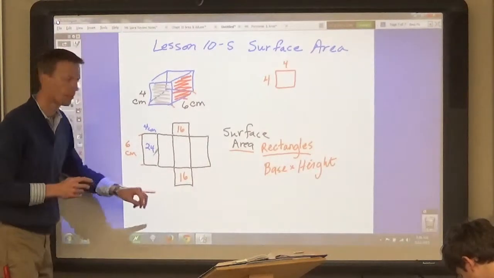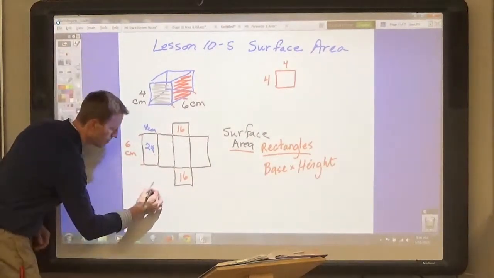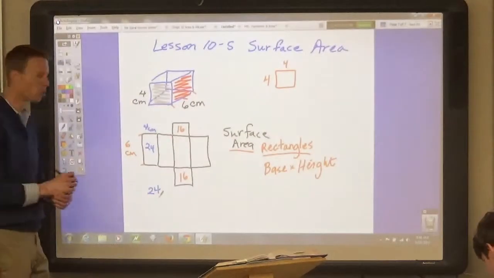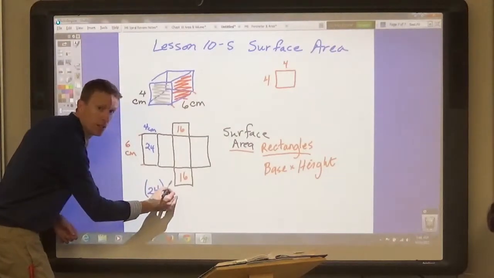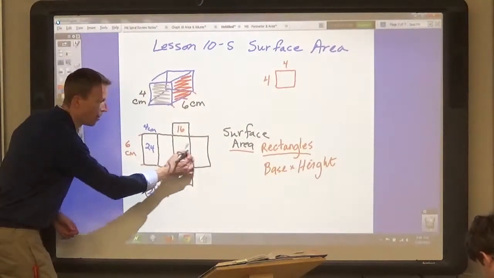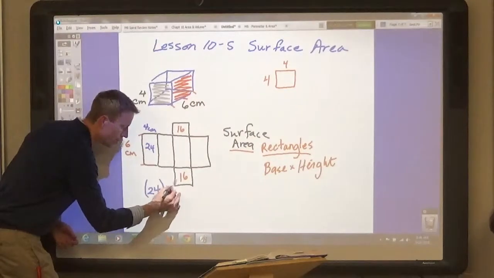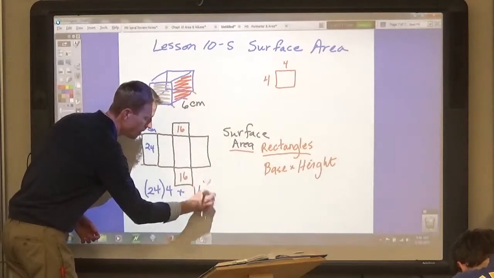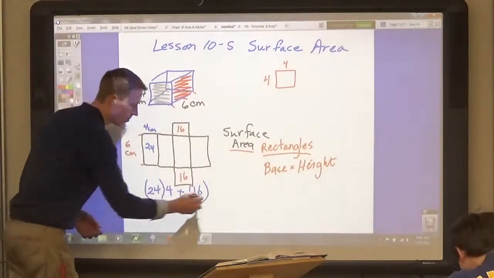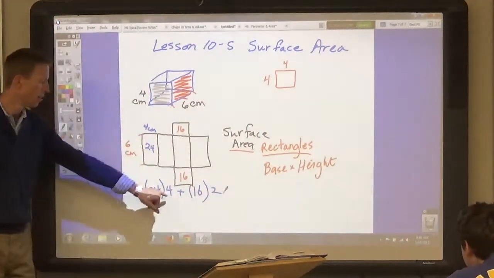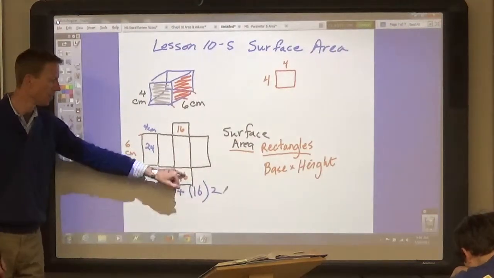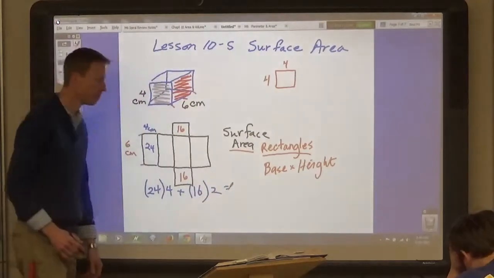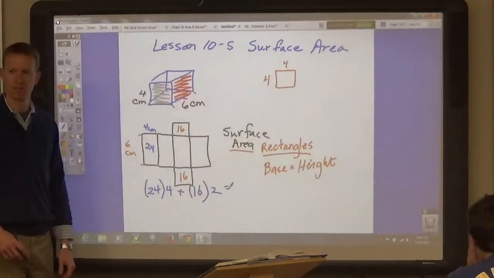You could do 24 times, how many are there? 4. 4, and then plus 16 times 2, right? The 4 faces and the 2 bases. Yep, and that will equal the surface area, right?